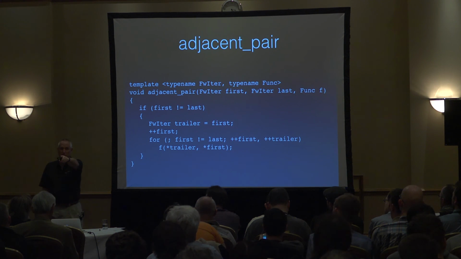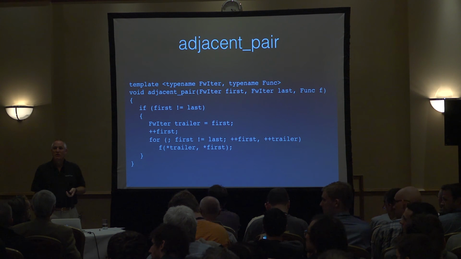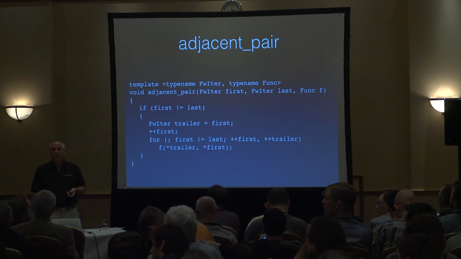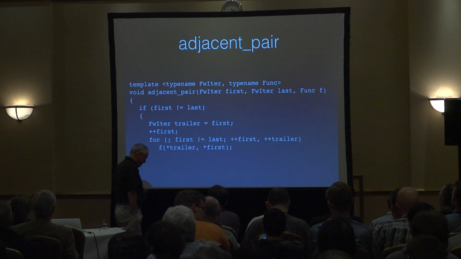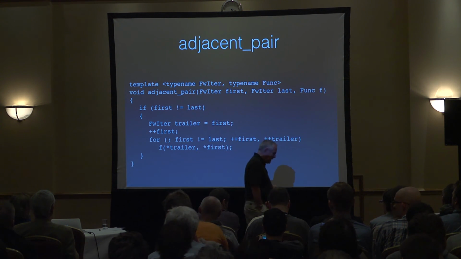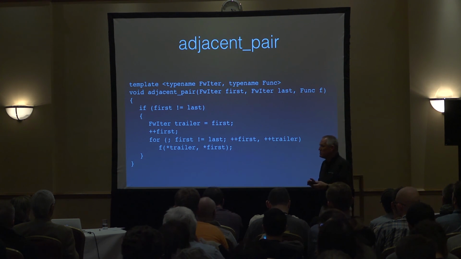So I saw a hand here. Yes? Just out of curiosity, is there much of a difference between these sorts of algorithms and the ones under parallel equivalence in the parallel STL? I'm not that familiar with exactly what's in the parallel STL.